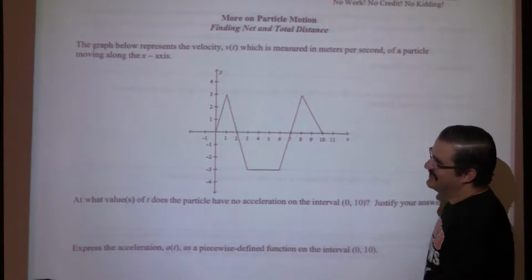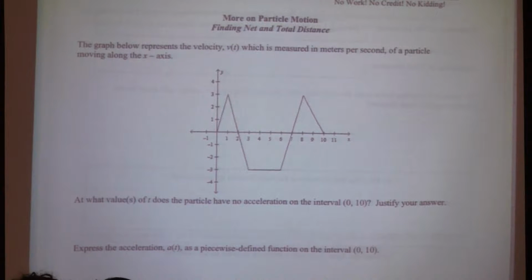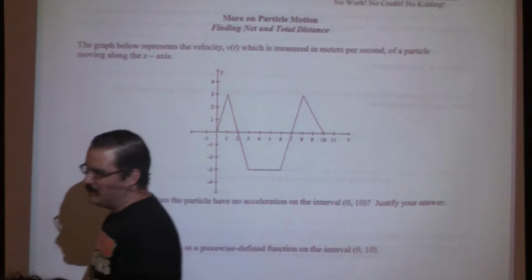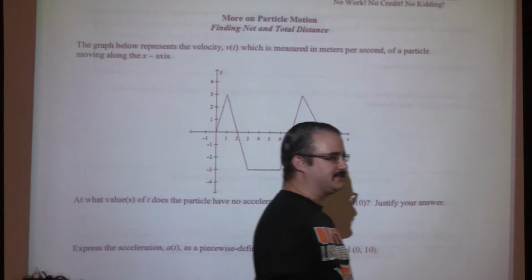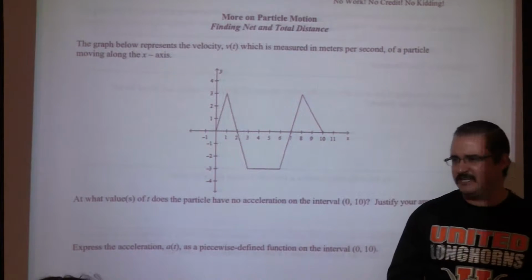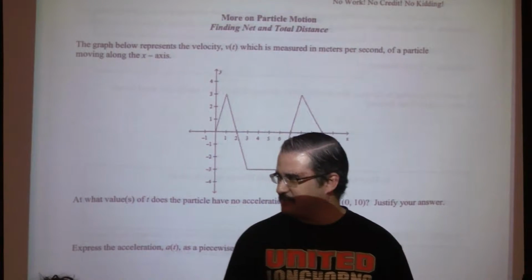Alright, so anyways, we're gonna move a little bit more with particle motion today. And we're gonna eventually get to the topic of finding net distance and total distance. On the AP exams, they really don't use the word net distance, but they could. They call it displacement. Have you ever heard of that word? Displacement? What's displacement?